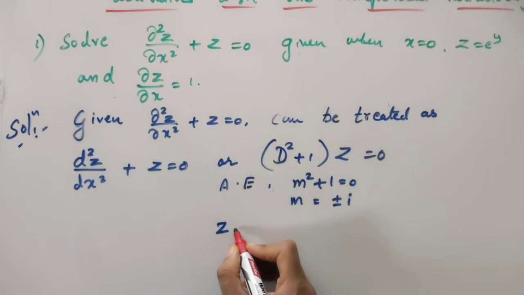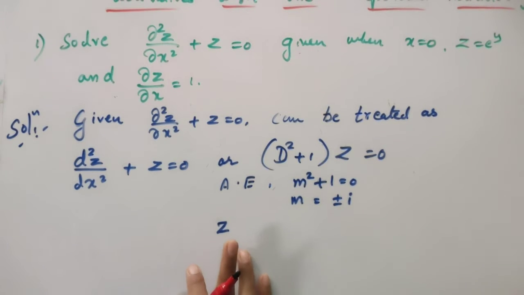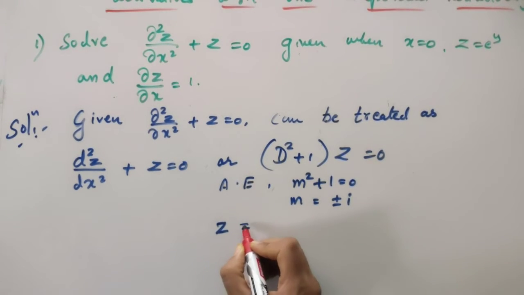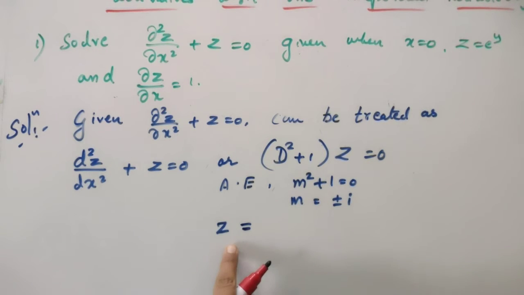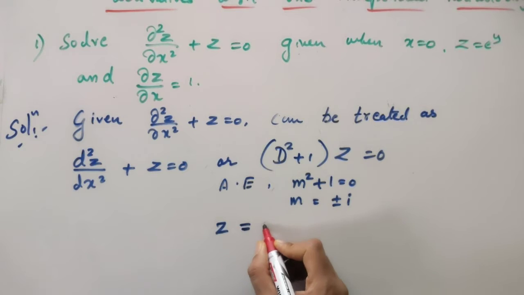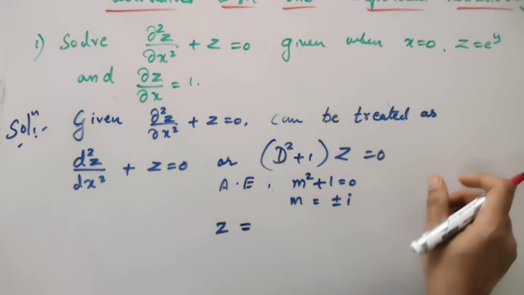There we used to write yc, here it is zc. But I am not going to write zc. First I will show you how to write zc and then consider z directly. Because it's a homogeneous differential equation, we write z directly: z is equal to e to the power, the roots are complex, yes or no?